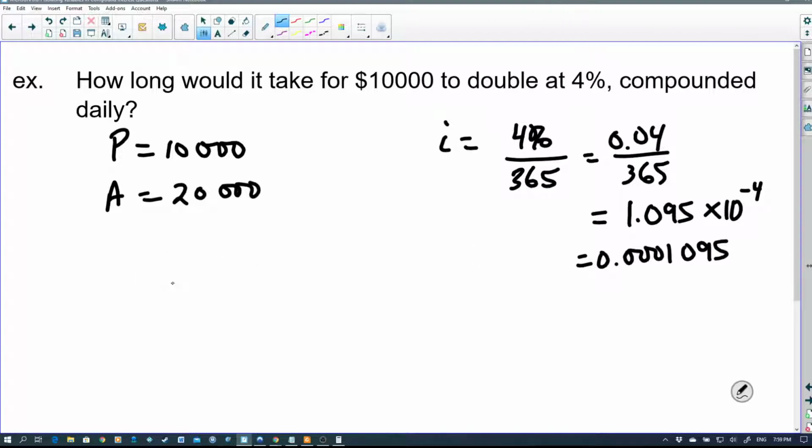And we don't know our n value. So substituting everything into my formula again, I'm going to isolate and substitute at the same time.